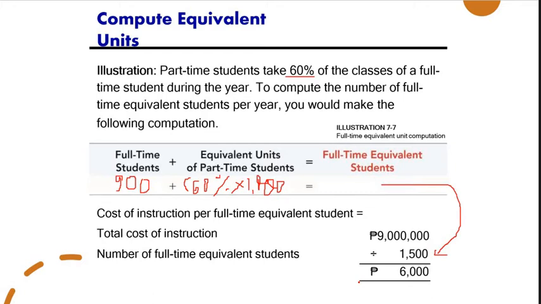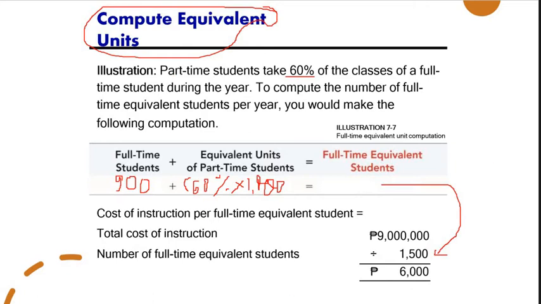Companies, or schools like this, use this measure to determine the cost per unit of completed product. That is a very simple instruction on how to compute the equivalent units. Are we clear on that, guys? Because it says 60% of the part-time students are full-time.